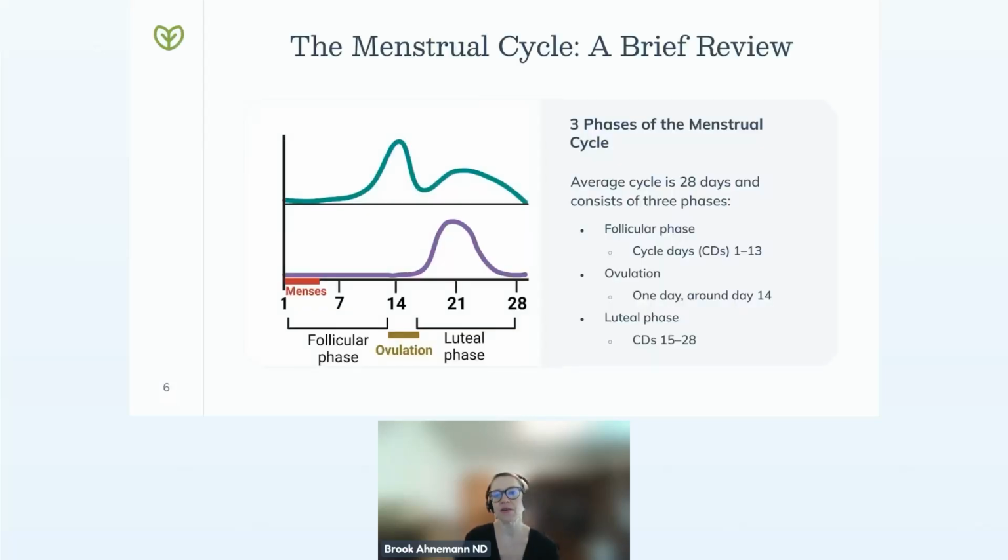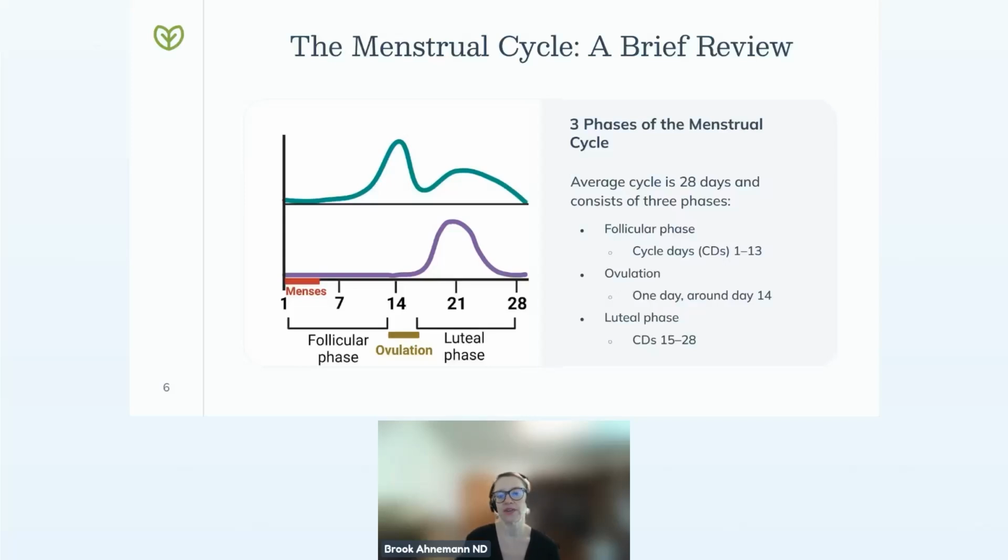Typically we think about 3 phases of the menstrual cycle. An average cycle is about 28 days. Cycles can be longer or shorter, 21 to 35 days, and are still considered normal if they're regular. But for most purposes throughout this presentation, we'll be talking about an average 28-day cycle. The follicular phase is the early phase of the cycle, typically cycle days 1 through 13.